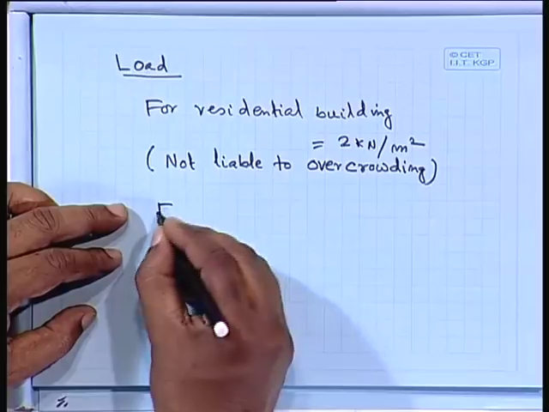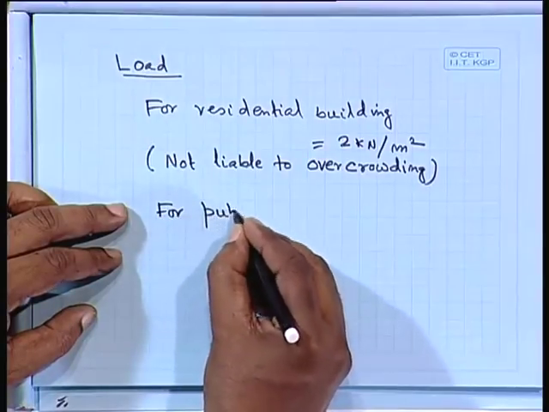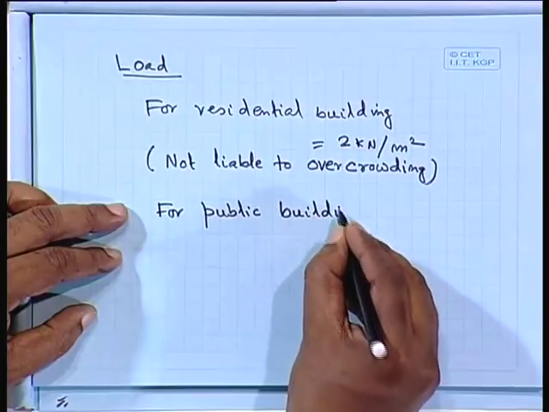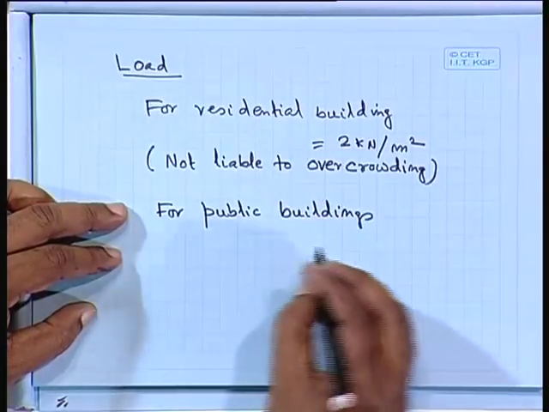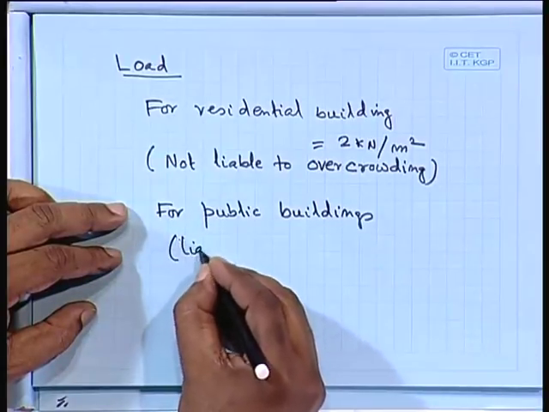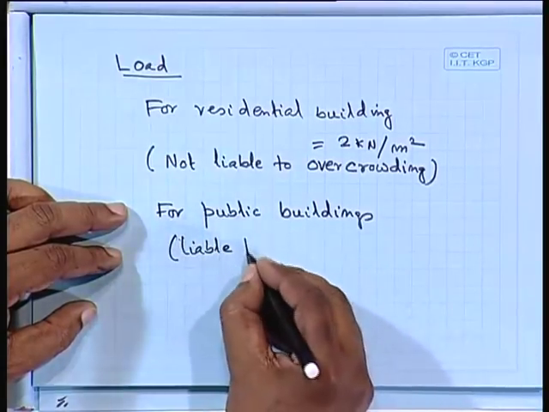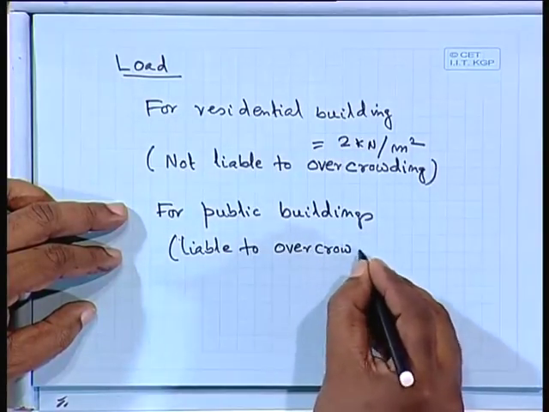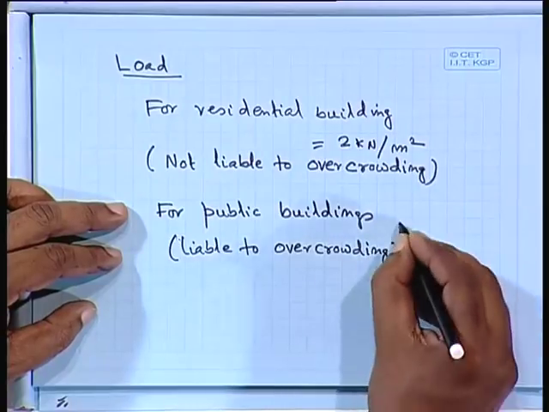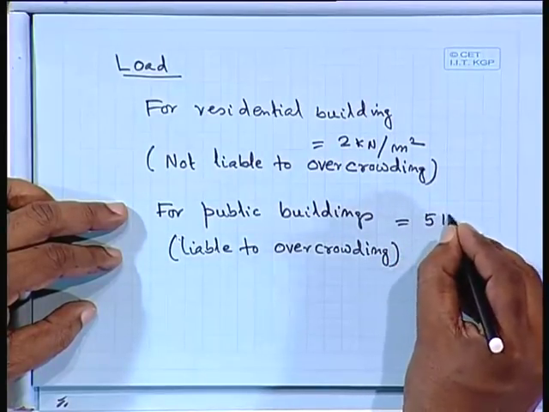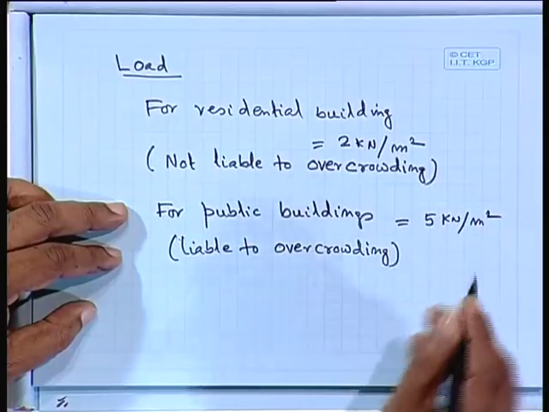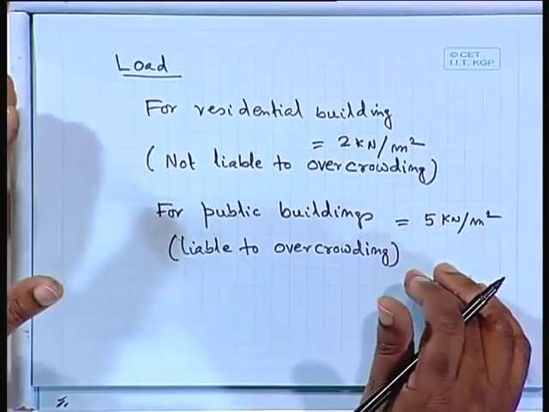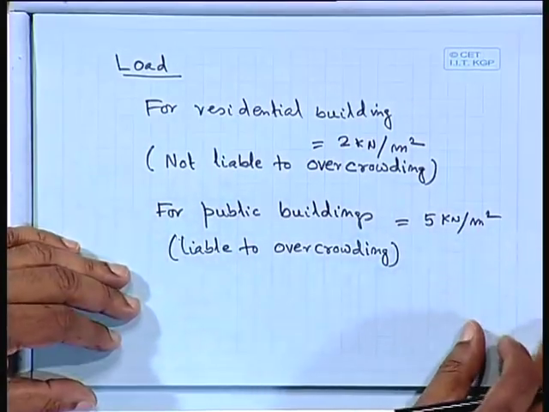So for public buildings, it means liable to overcrowding, and we take it as 5 kilonewton per square meter. So this is your live load. So we have to calculate the dead load and then we have to calculate the live load.